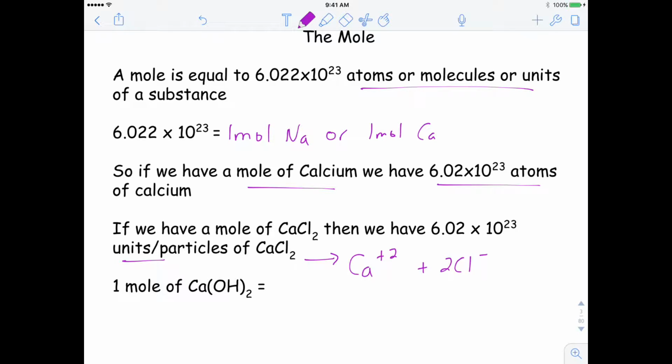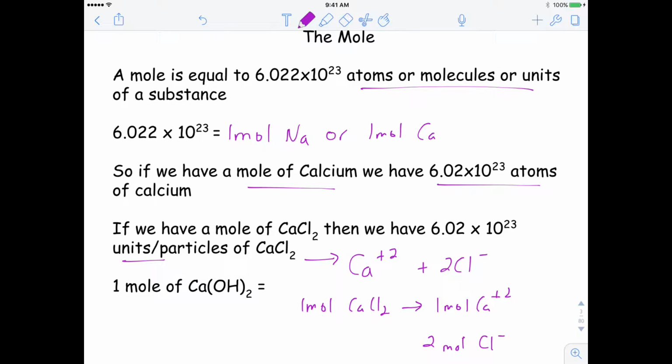So if I have 1 mole of calcium chloride, then I have 1 mole of calcium, and I also have, oh sorry, no, I have 2 moles of chloride ions.